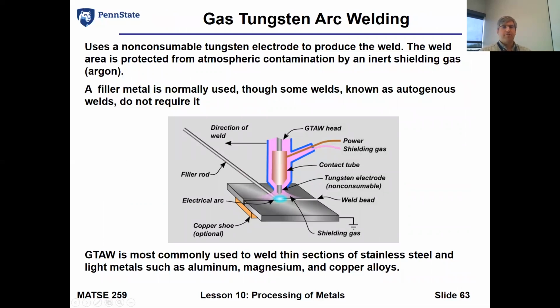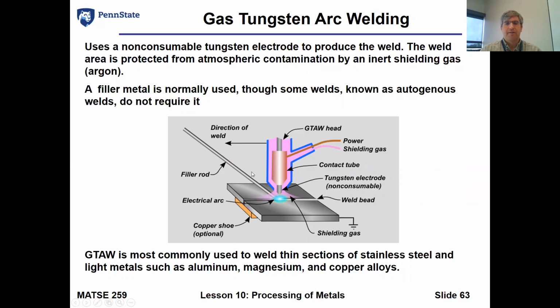The vast majority of them use arcs as their primary energy source. The first one we're going to talk about has been called TIG welding in the older nomenclature. The current nomenclature that the American Welding Society and a lot of the standards associations use is gas tungsten arc welding. In this case, you feed your filler metal rod through a separate action.